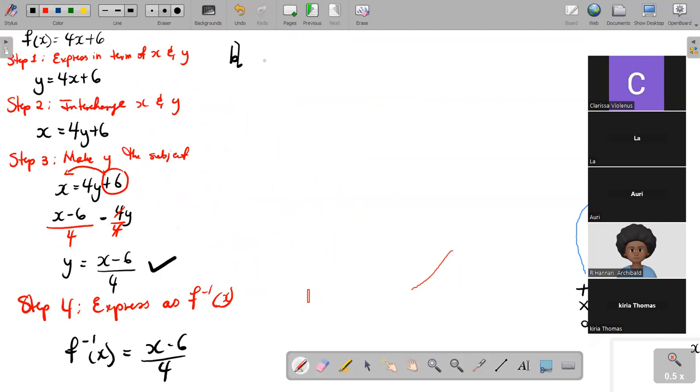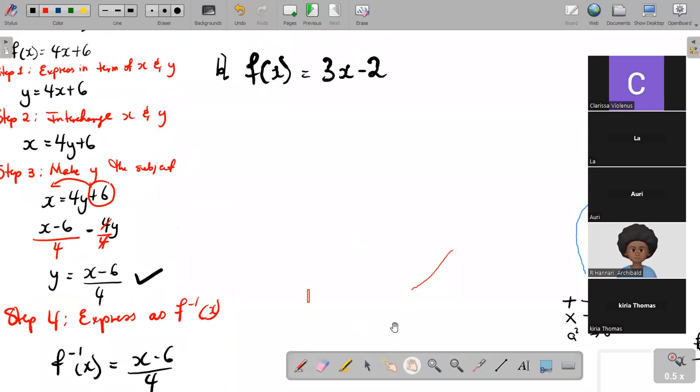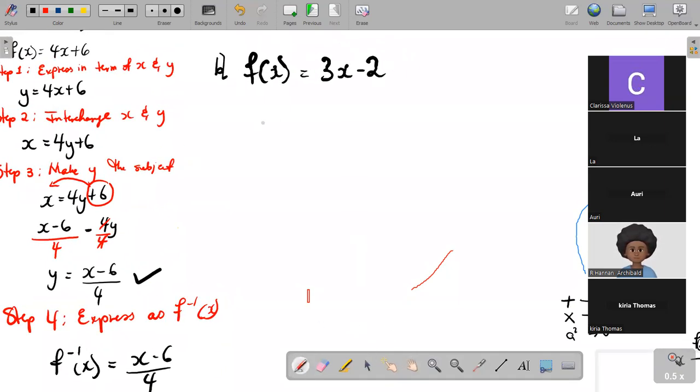So the next example, f of x is equal to 3x minus 2. Y'all ready for us to try this one now? I'm going to write out all the steps again. Step 1, express as x and y.